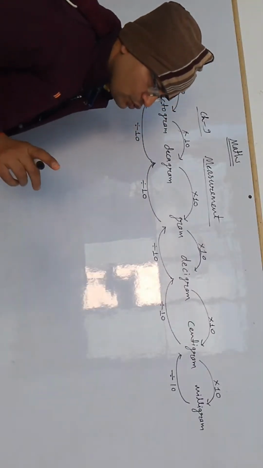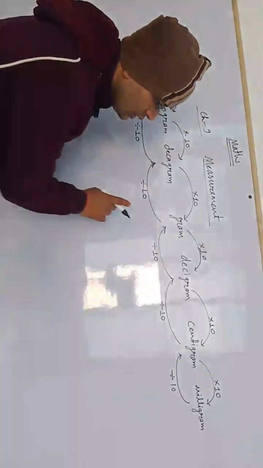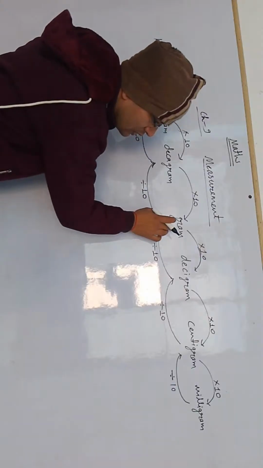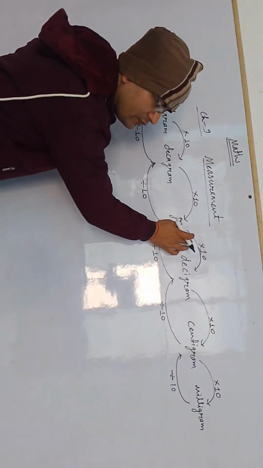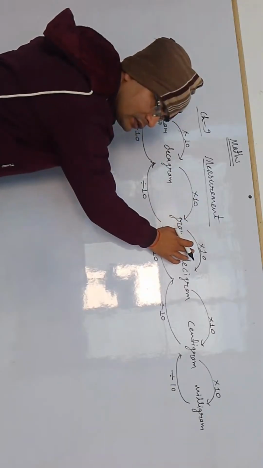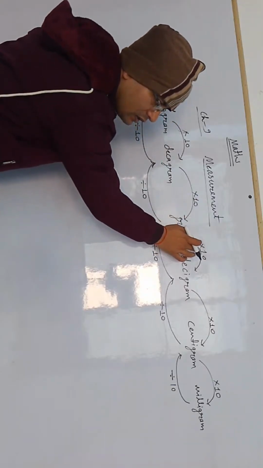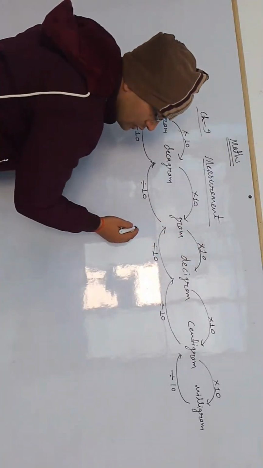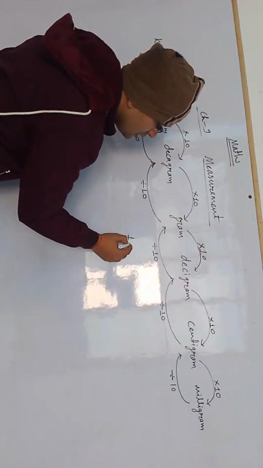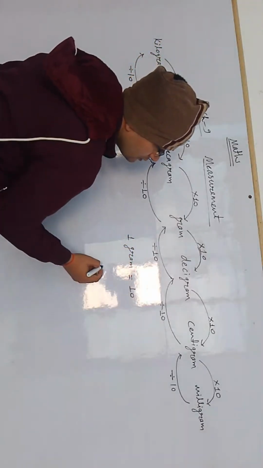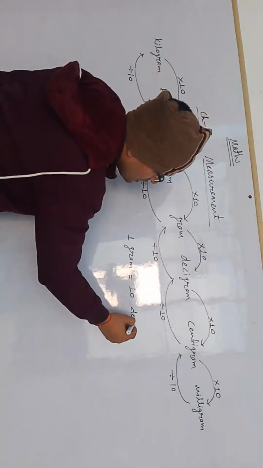If I ask you, in 1 gram there is how many decigram, you can see there is a difference of 10. We are multiplying by 10. Then we can say, sir, 1 gram is equal to 10 decigram.